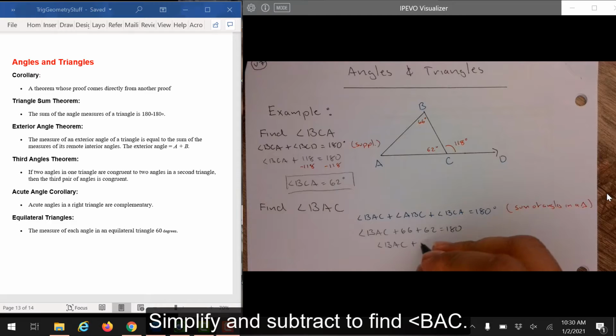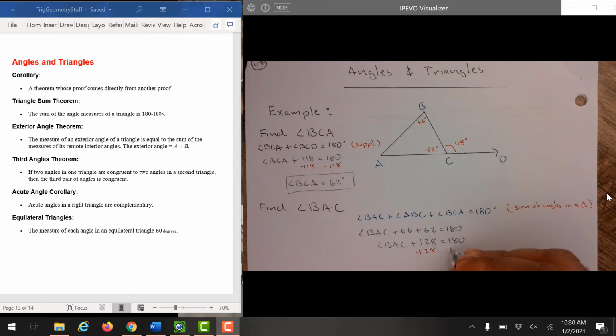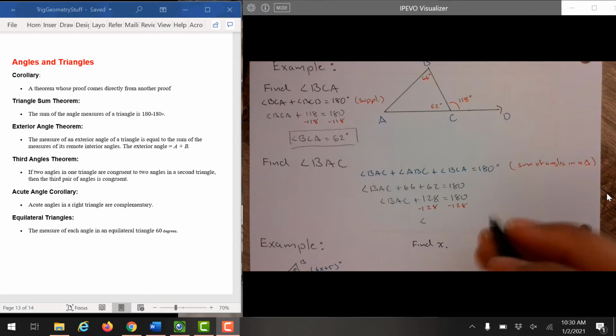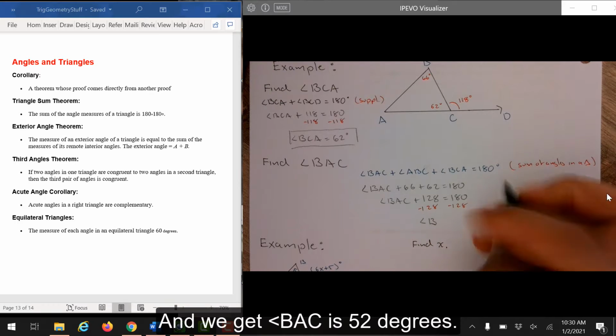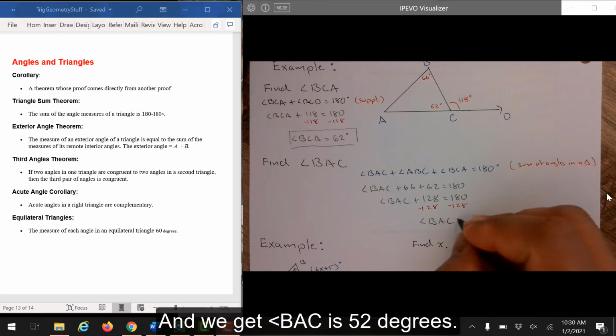Simplify and subtract to find angle BAC. And we get angle BAC is 52 degrees.